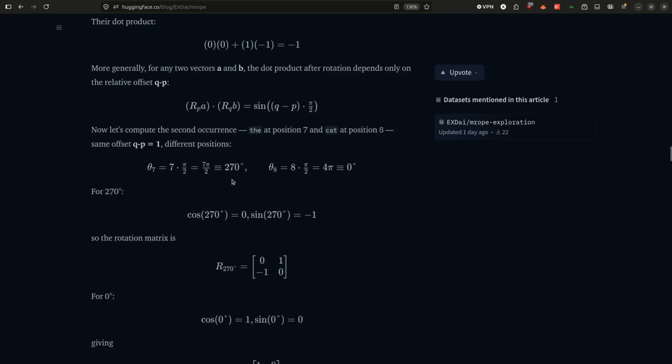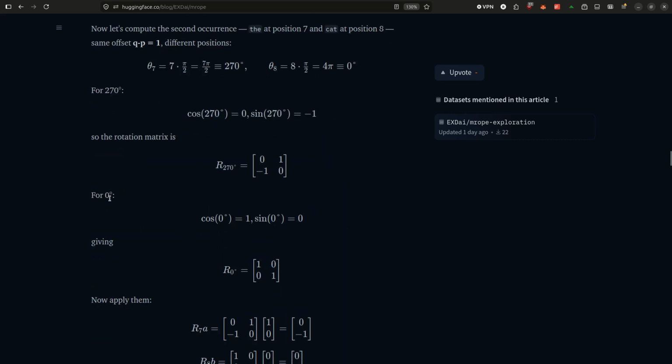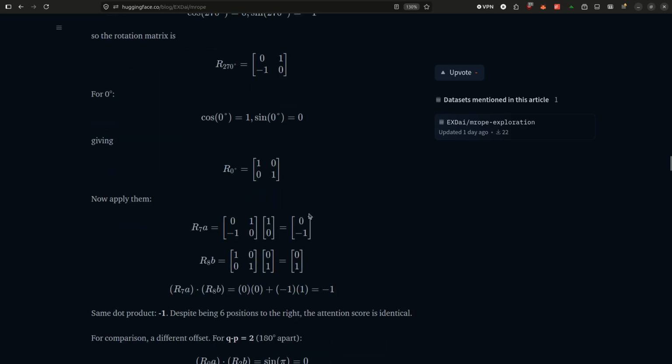So, here we are. 270 degrees and 0. For 270 degrees, you get cosine 270 equal to 0, sine of 270 equal to minus 1. So the rotation matrix is this. For 0 degrees, you get this.